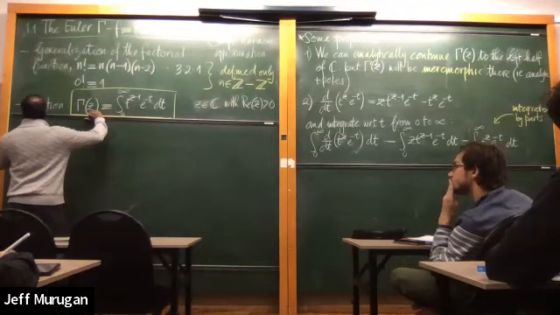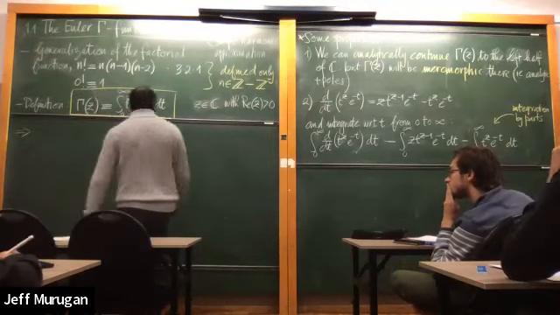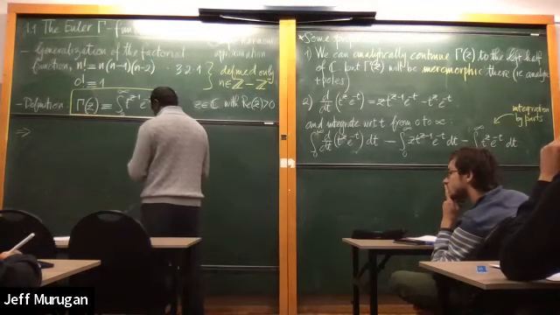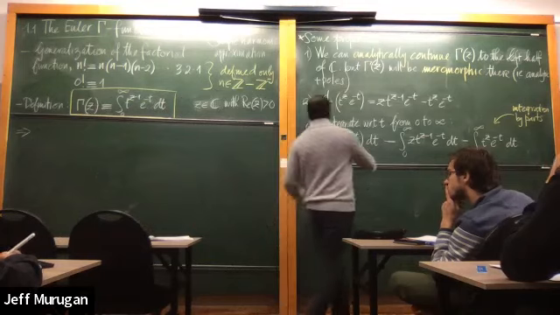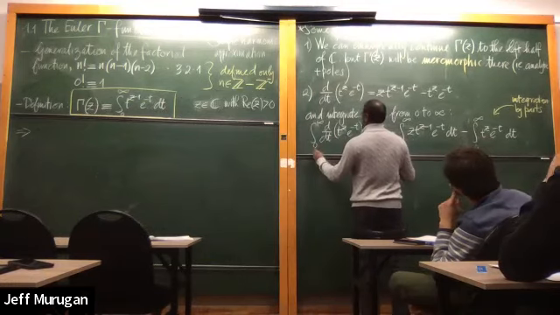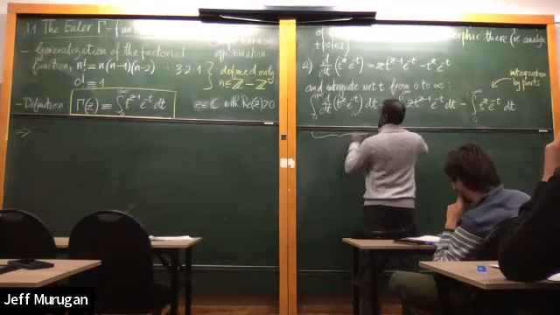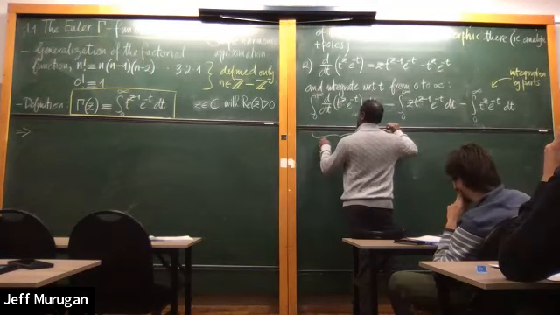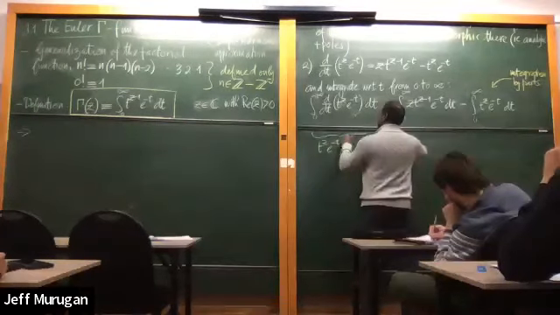Okay. So on the left-hand side, I have basically just t to the z e to the minus t between t equals 0 and infinity.